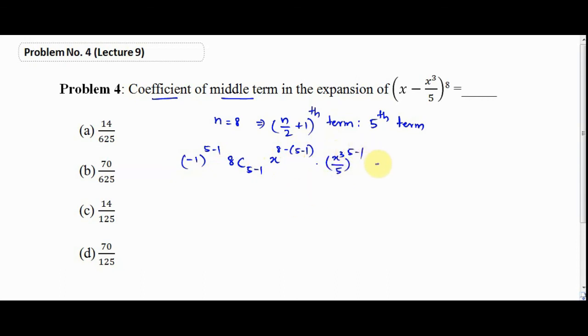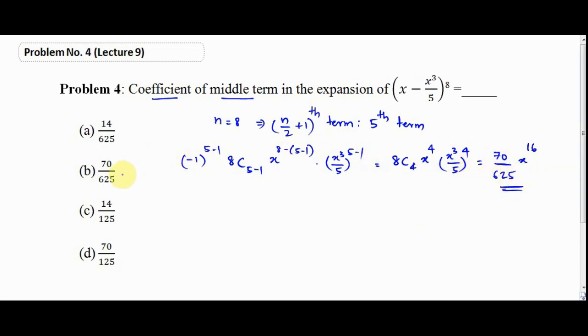So it will be nothing but (minus 1) raised to 4, that is plus, then 8C4 into x raised to (8 minus 4), that is 4, into (x cube by 5) whole raised to 4. Once we simplify this, we will get 70 by 625 into x raised to 16. So here the coefficient is 70 by 625.